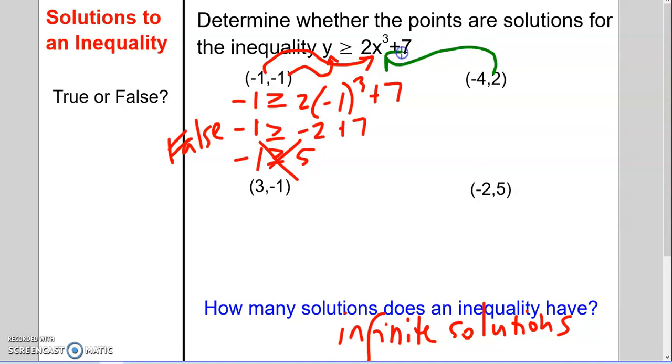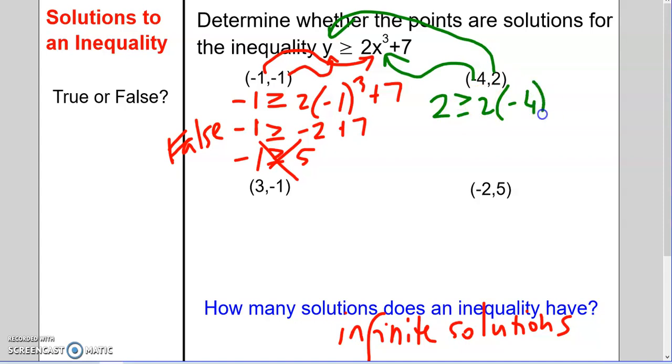So here now I'm plugging in 2 for y, and -4 is my x. So -4 cubed plus 7, and 4 cubed is 64, and negative cubed is negative.